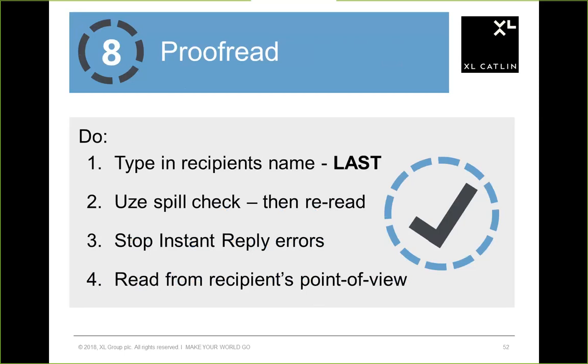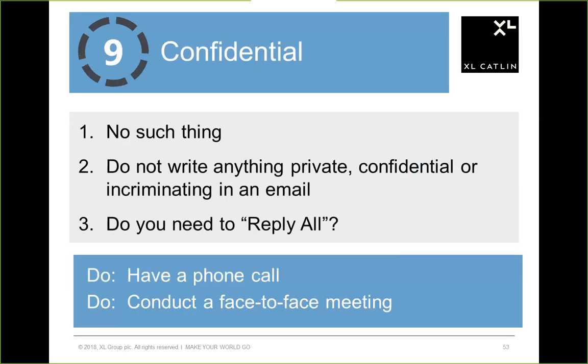One way to keep an email from being sent inadvertently, or before you've had an opportunity to finish it, edit it and spell check it, is to make your last step putting the recipient's name in the email address. And those that follow that practice have said that that's been helpful to them as well.